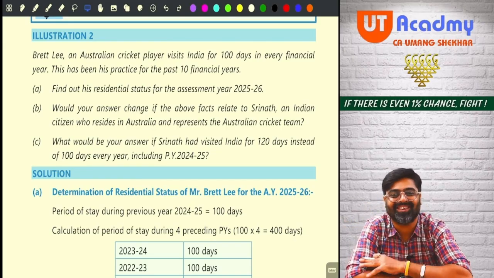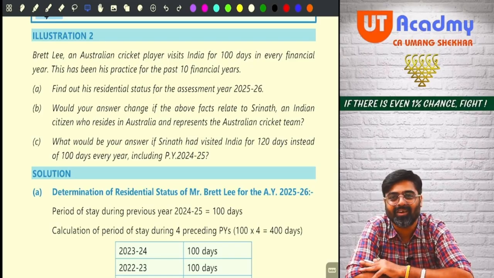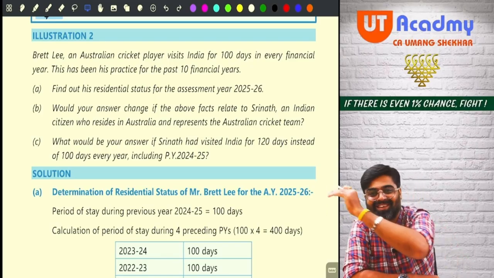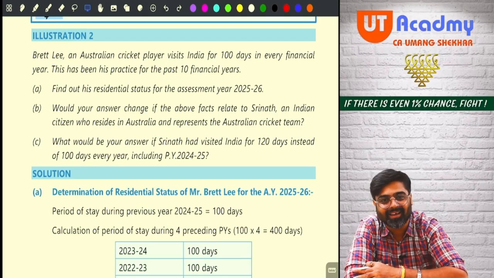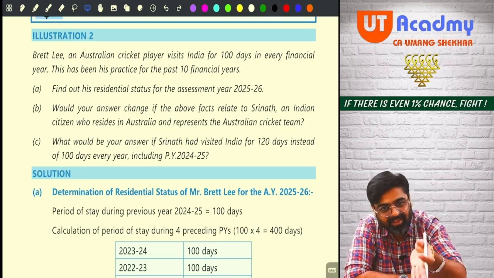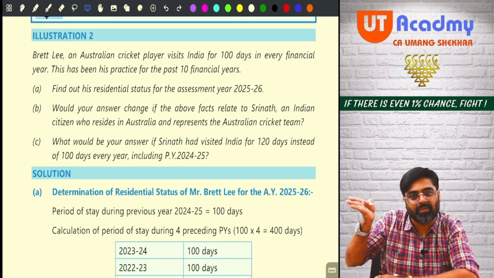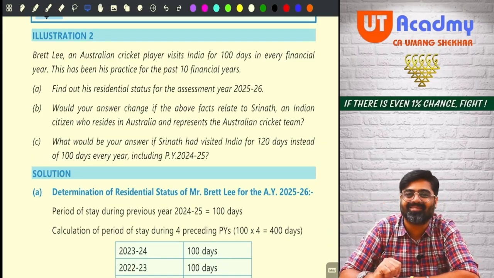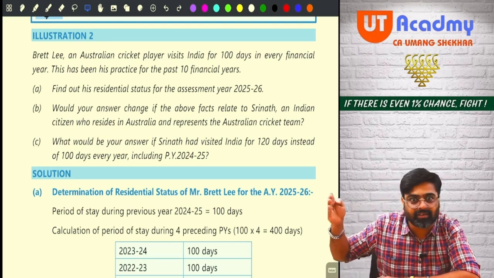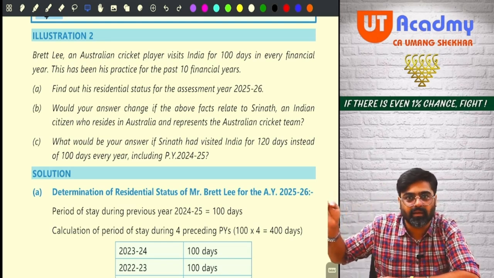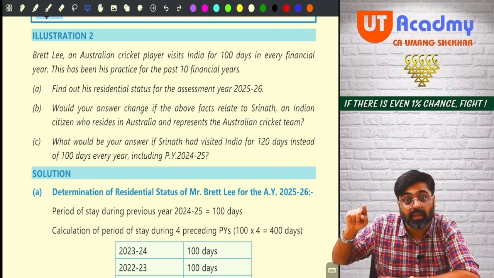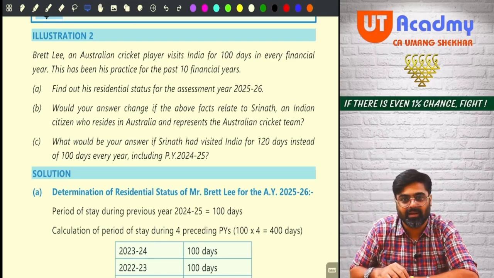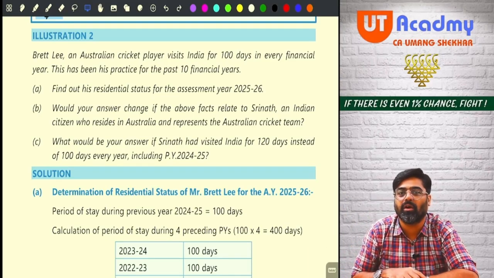That year also he was a resident. What about last to last year? Sir, just like this year, he would have satisfied basic condition B in last 6 years. No, sir. Last 6 years I am saying. Because prior to that, he did not satisfy basic condition B also.